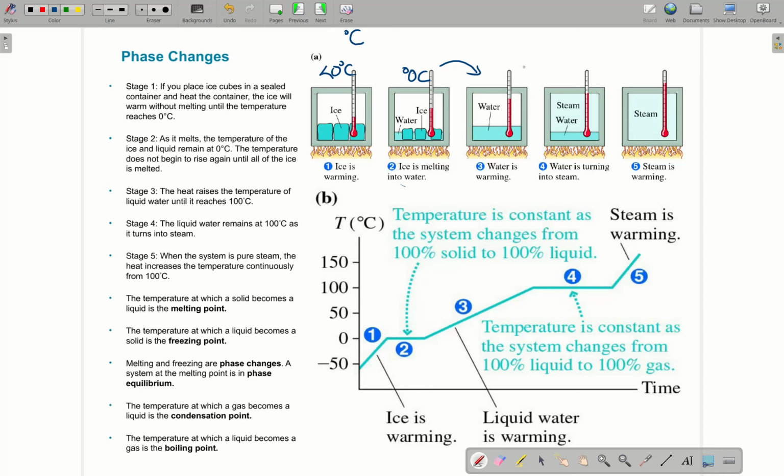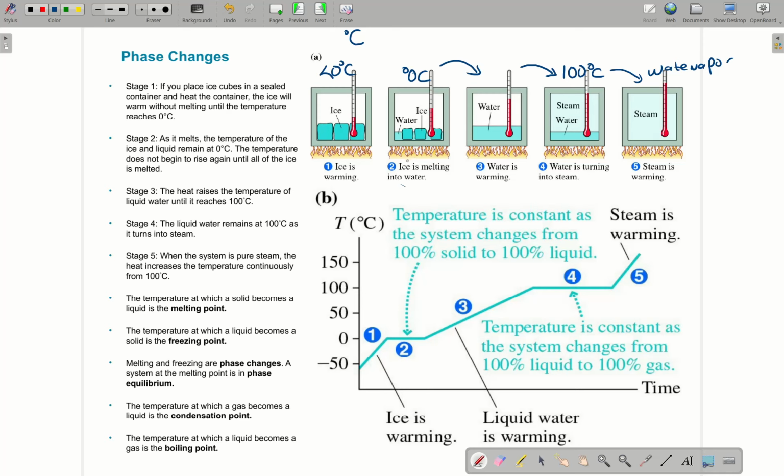I keep heating until the boiling point is reached, which is 100 centigrade degree. Alright? And as it is boiling, it will be evaporating, becoming water vapor. And it will all be water vapor at some point. It will be all gas.